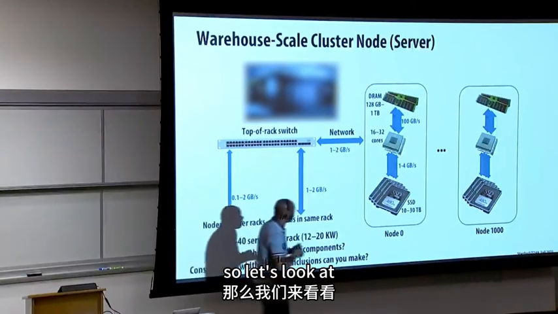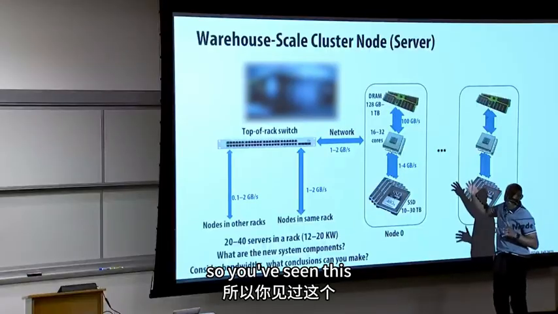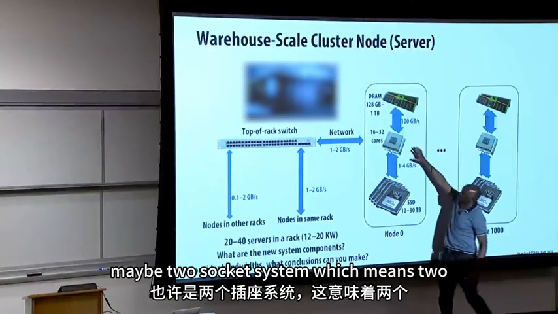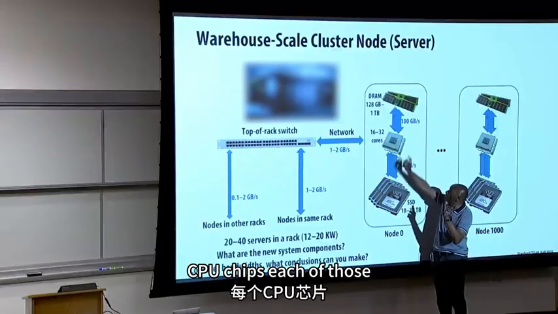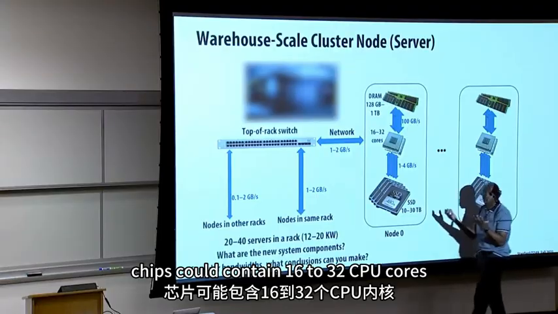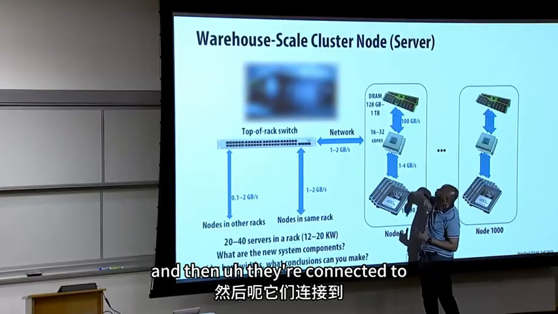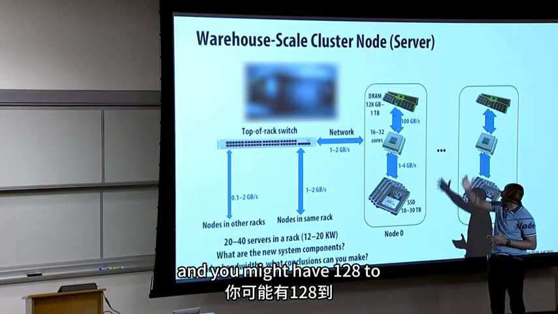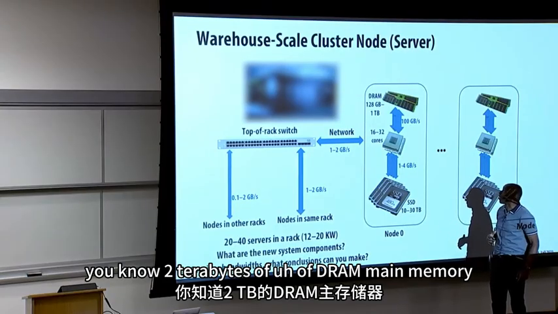So let's look at what an individual node looks like. You've seen this picture before, in the sense that you've got maybe a 2-socket system, which means 2 CPU chips. Each of those chips could contain 16 to 32 CPU cores. They're connected to DDR chips, which provide the main memory, and you might have 128 gigabytes to 2 terabytes of DRAM.